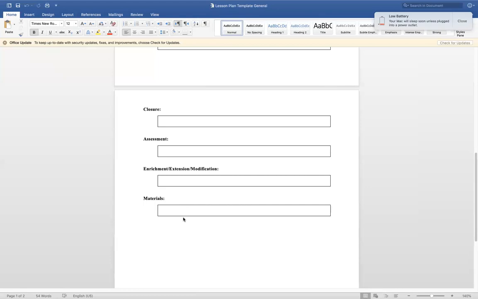Another thing that is always good to include is any detail, wherever you can find the electronics, where you can find the material, and also if they need to be checked, like if there is an application that you need to install, you want to make sure that you have installed it before the class starts, because that can take a whole lot of time from your classroom, and you don't want your lesson to be incomplete or interrupted.